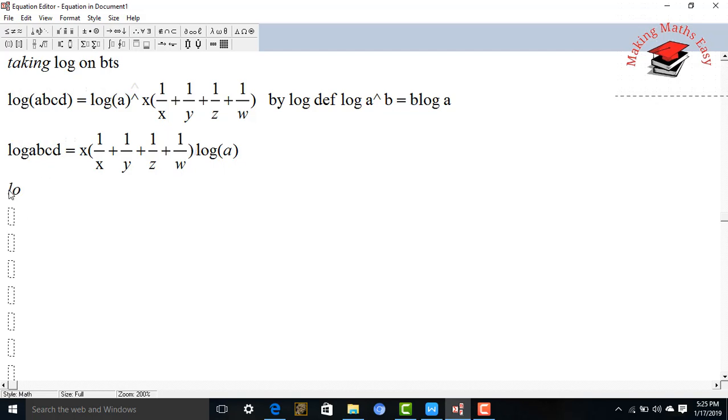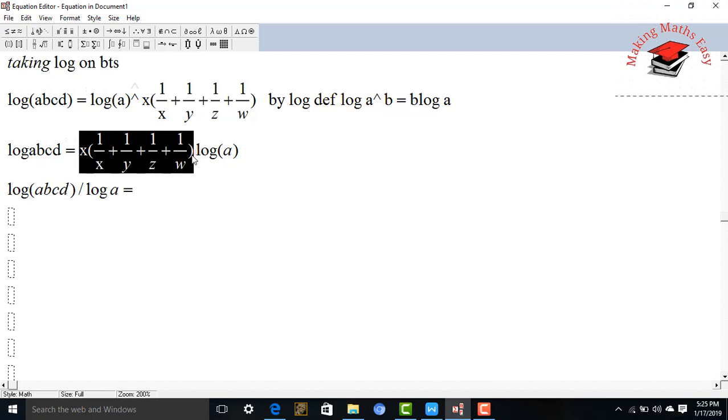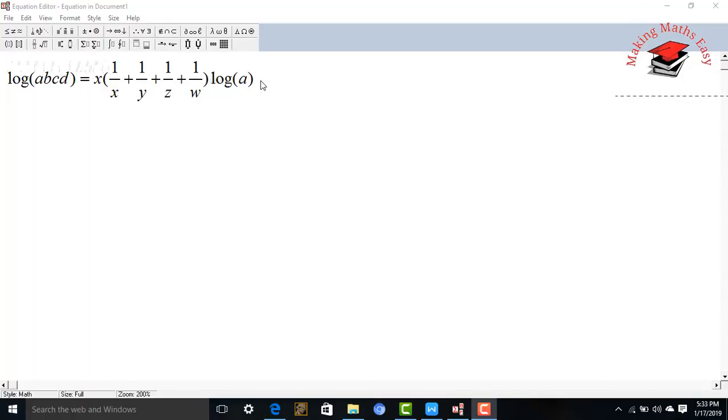So log of abcd divided by log of a gives me this particular expression, x into 1 by x plus 1 by y plus 1 by z plus 1 by w. So this is our simplification.